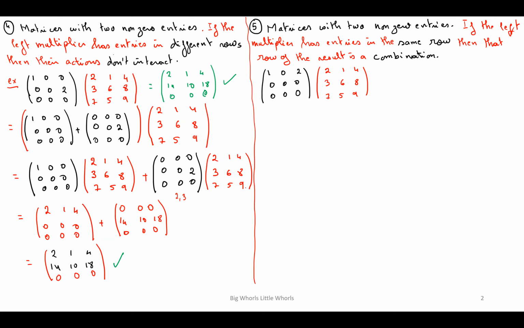What we are going to do is split the left multiplier into two smaller matrices. We have 1 0 0 and zeros, plus 0 0 2 with zeros, which is a rescaling matrix, all multiplied by 2 1 4, 3 6 8, 7 5 9.